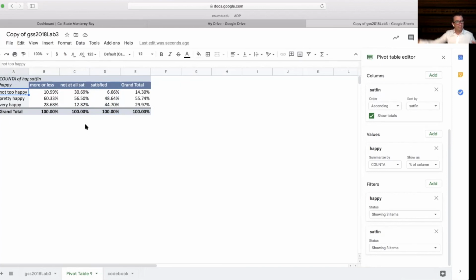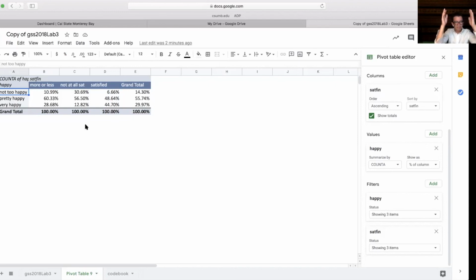Remember, we placed the dependent variable on the rows and the independent variable across the columns. Then we asked for column percentages, and that allowed us to assess or compare the frequency distribution for the dependent variable across categories of the independent variable.